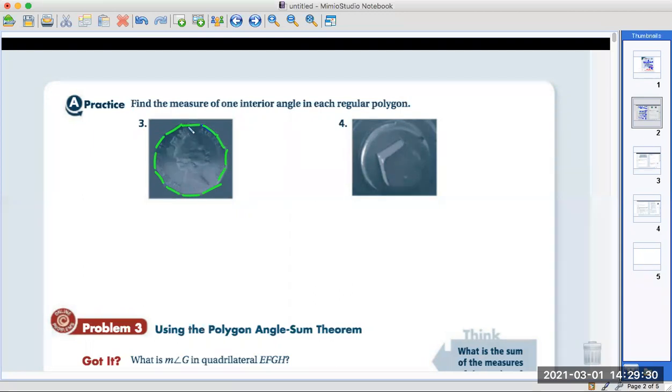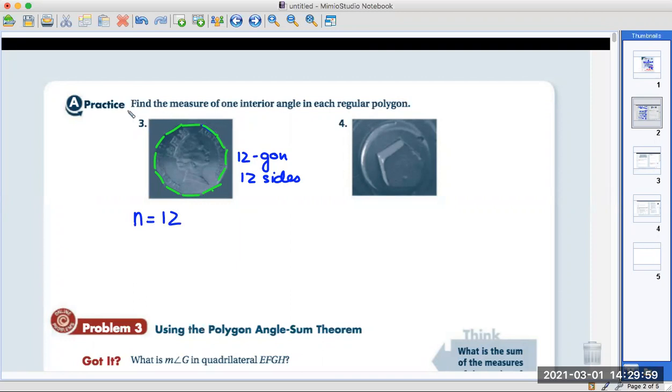I'll make it the top so that I remember. 1, 2, 3, 4, 5, 6, 7, 8, 9, 10, 11, 12. 12 sides, right? It's called a 12-gon. So n is the number of sides, 12, right?